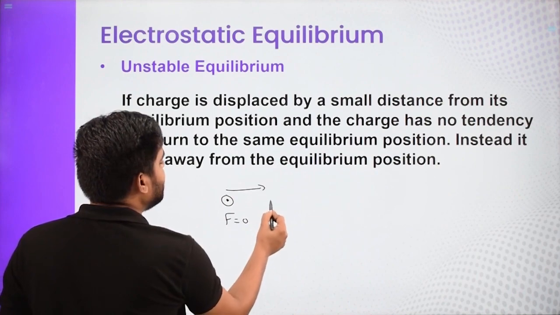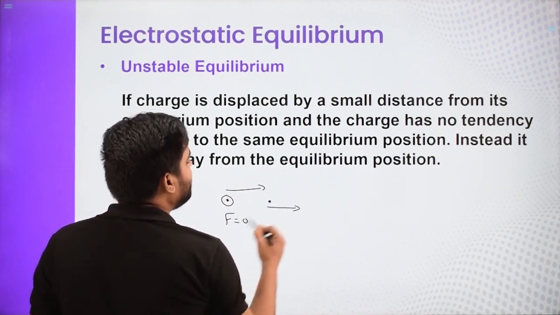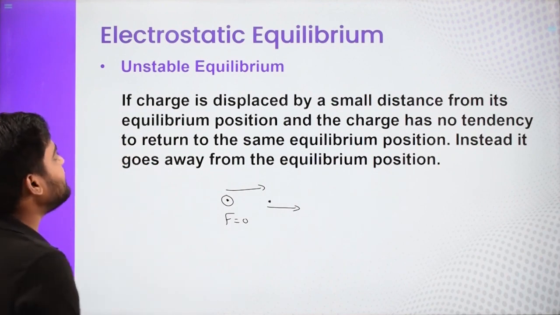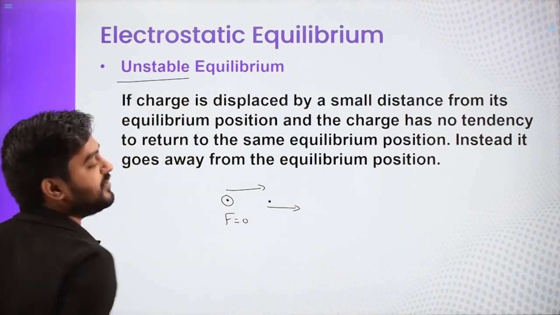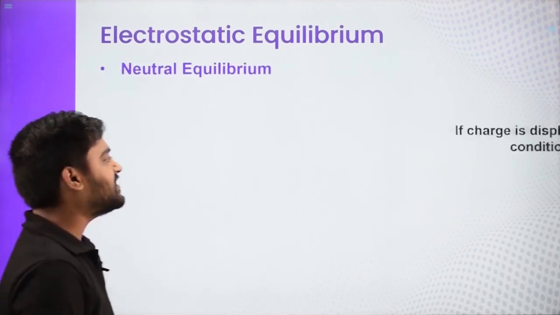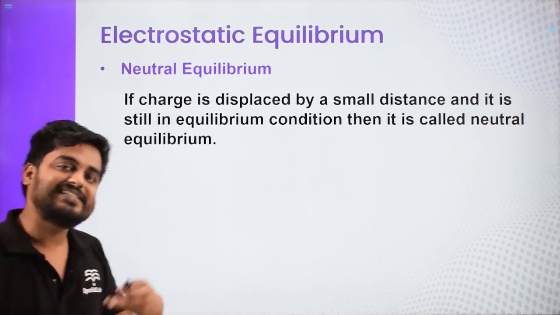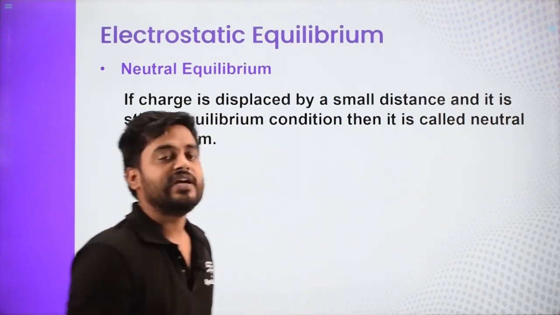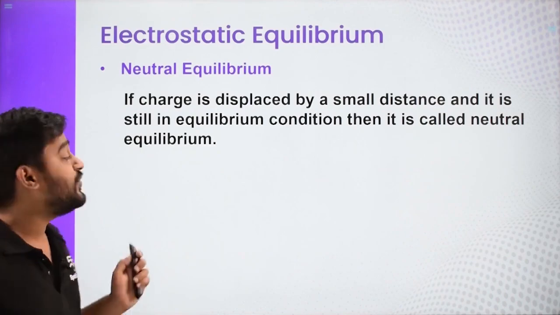You displace it over here, but some external force acts that way and it goes away from the equilibrium position, then we say this is unstable equilibrium. What about the next one, neutral equilibrium? Neutral equilibrium is that equilibrium where you displace it slightly and it neither tries to come back nor tries to go away.